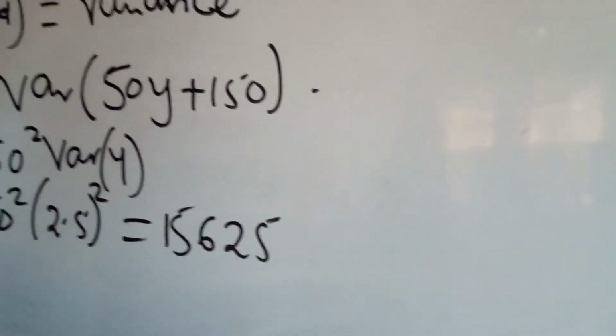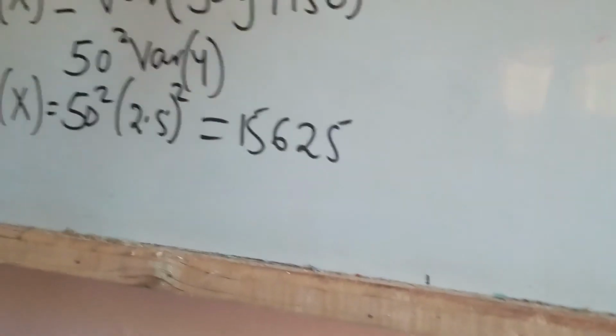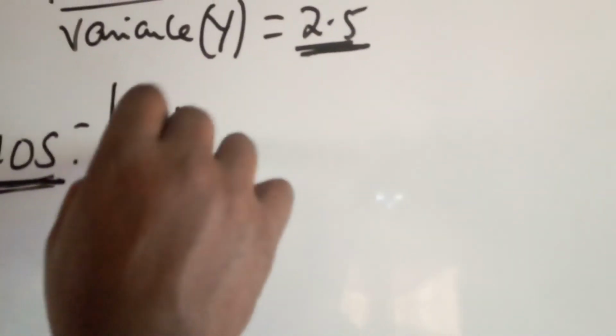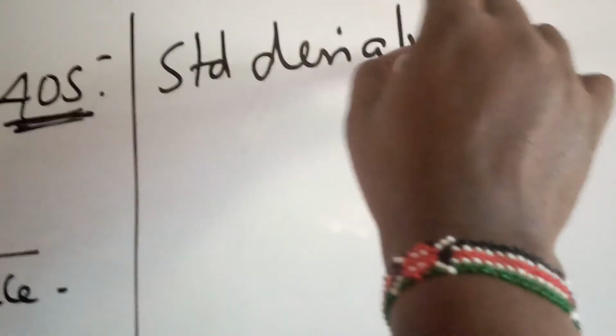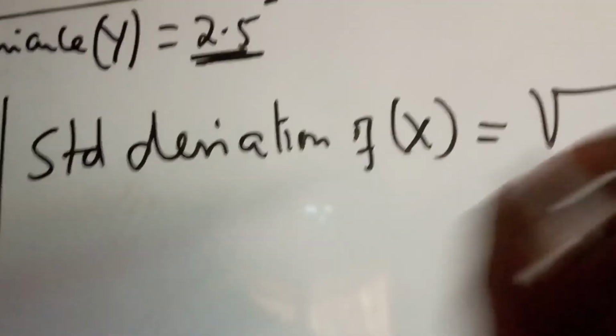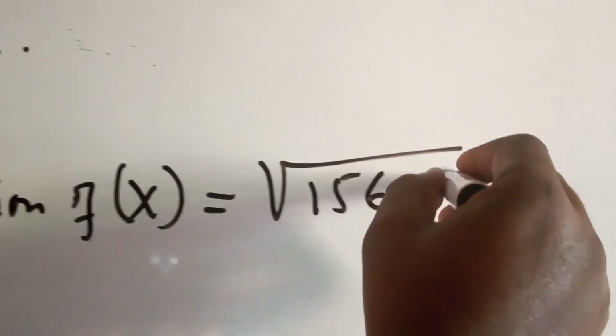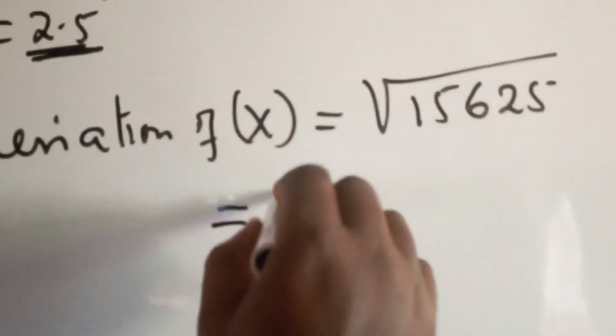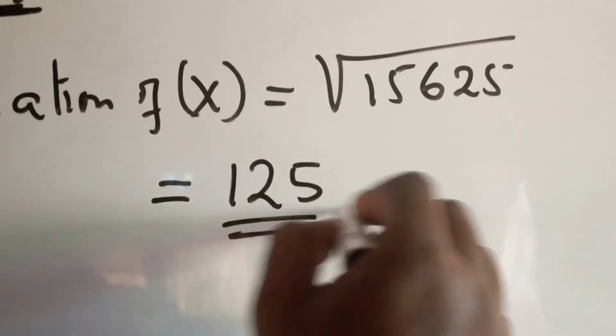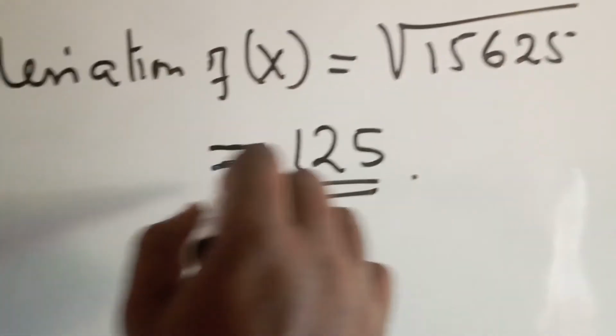The question is very clear and specific that we are looking for the standard deviation of x. So the standard deviation of x is the root of the variance of x, which is the square root of 15,625, and the final answer is 125. This question is a bit tricky.